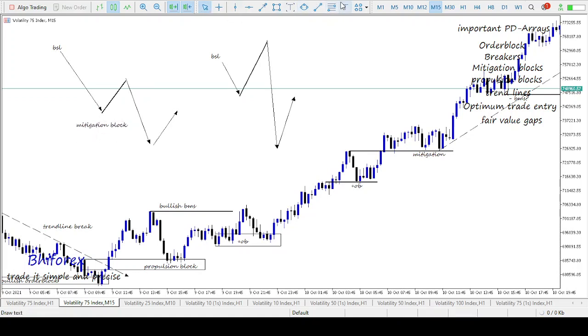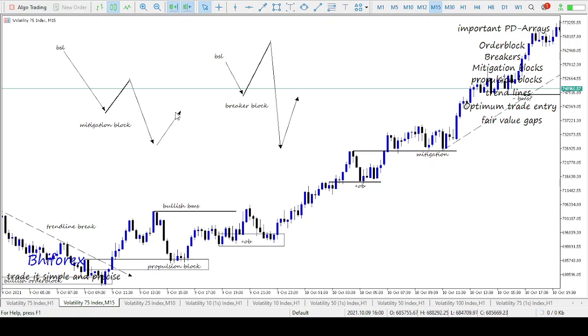Okay. So I'm taking my time to explain this because a lot of people miss these two things. And then we have our breaker block. Now what differentiates these two is that here our buy side liquidity was left untouched before price took out this low and then came back for a retracement, right?